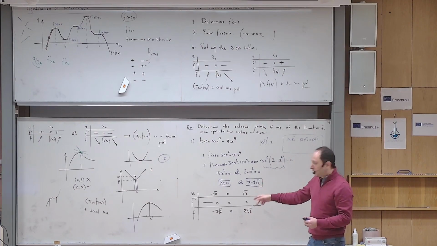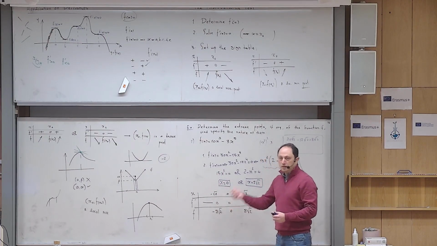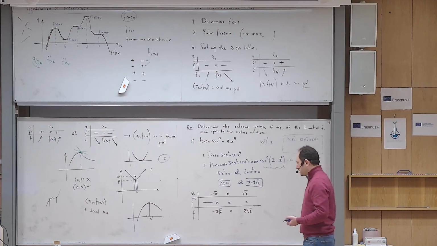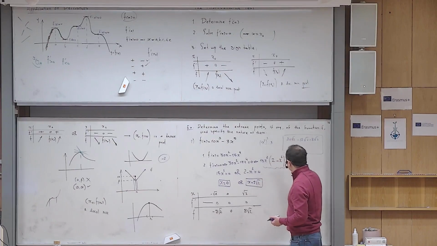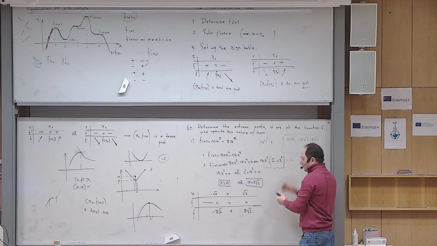Understandable here? I go to the next step. Between minus the square root of 2 and 0, I pick also a number. What is that? Minus 1 is the best option. And I put minus 1 back again into the derivative. I don't need to be worried about that because this is always positive. I put it here, it becomes 1. Positive times 1 is positive.